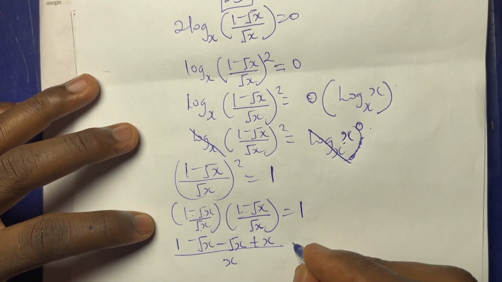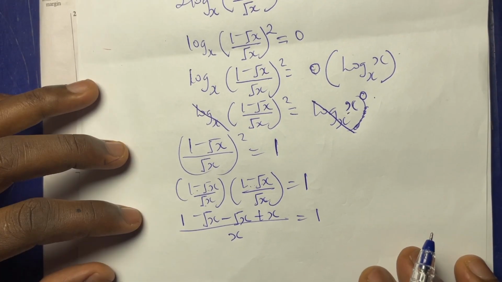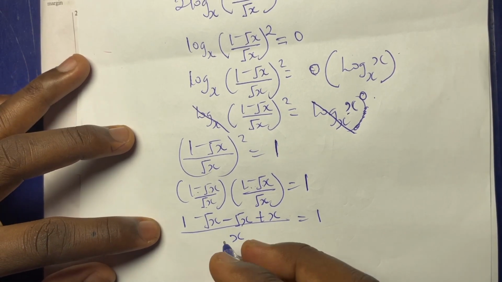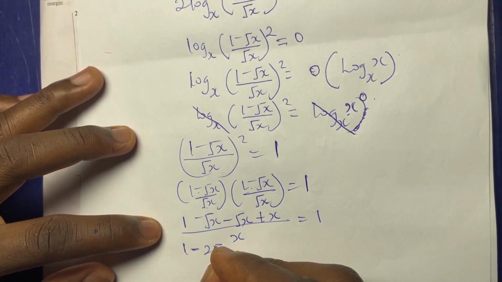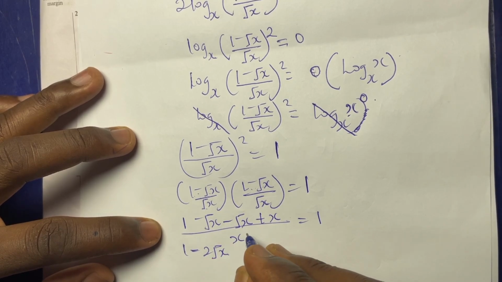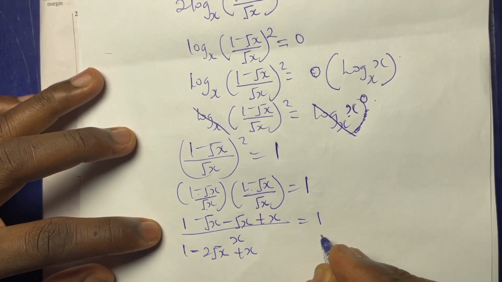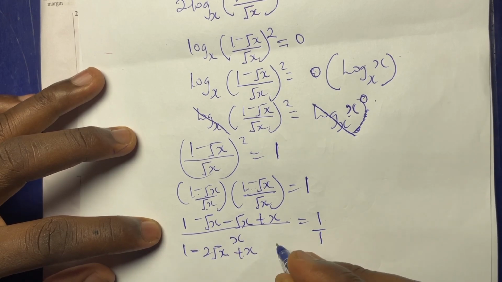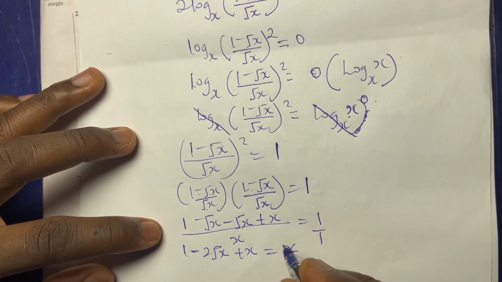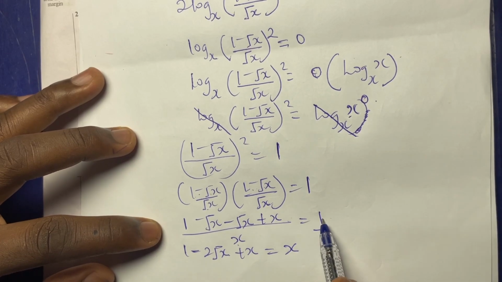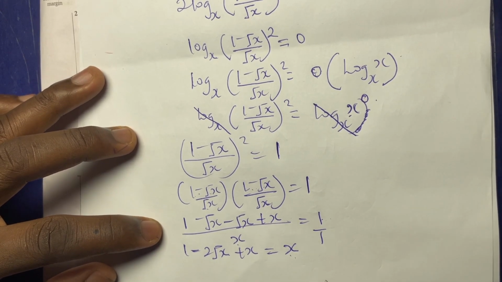Do you understand? So equals 1. Solving this continuously, that will be 1 minus 2 root x plus x. If I cross multiply, x times 1 is x.